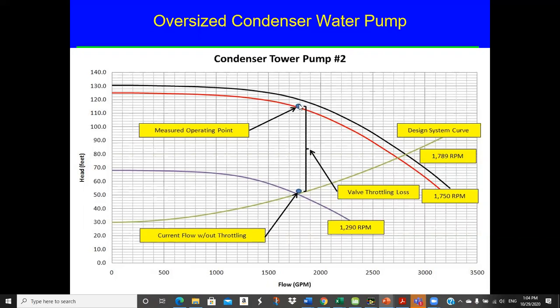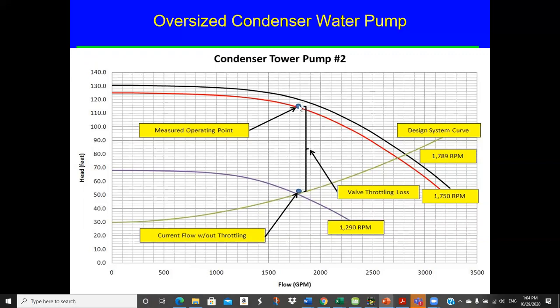The way you think about this is, if we open the valve, it would go all the way out here, right? And then if we did that and then slowed it down with a VFD, we can operate down here, which is basically on the system curve with the valve wide open. There is another system curve up here, which I didn't draw on this slide, which includes the valves being pinched the way they were.